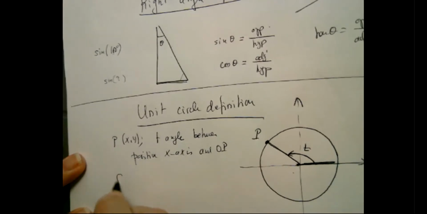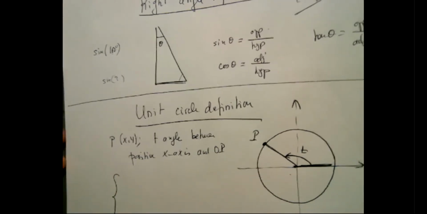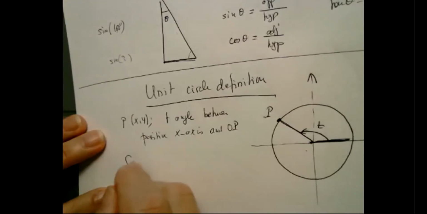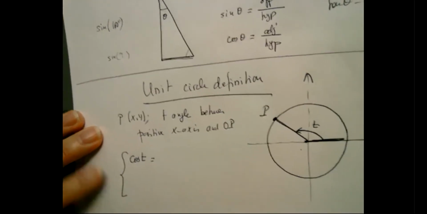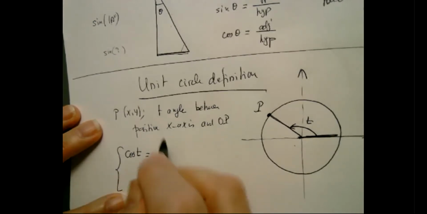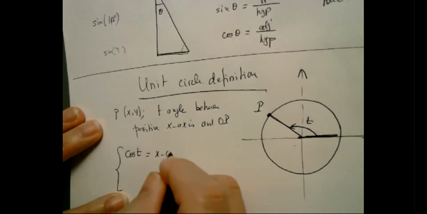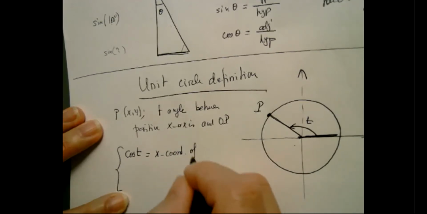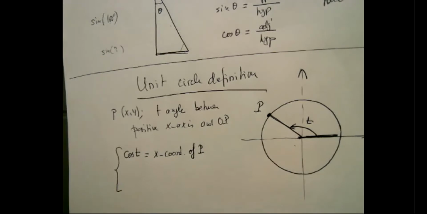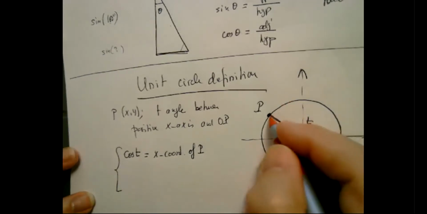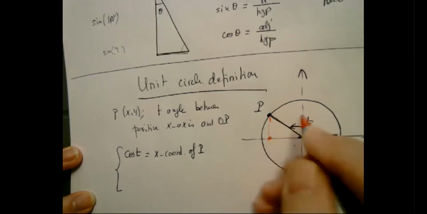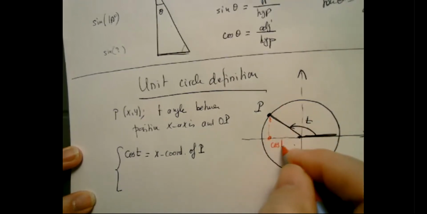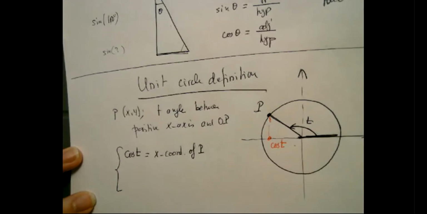How do we define the sine and the cosine? That's the important one, that's the definition. Everything is based on this definition. The cosine is the x-coordinate of the point P. So picture it immediately. This is P. What's the cosine of this angle? It's the x-coordinate. That's the cosine.